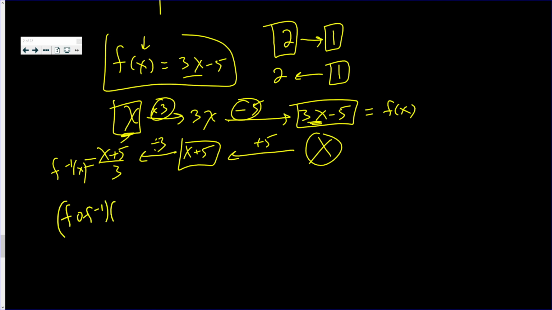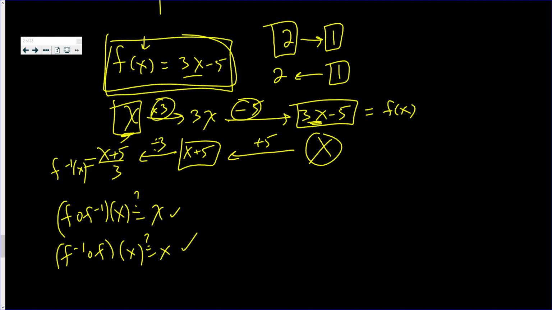But verify that this equals x. Verify that this equals x. And once you say yes to both of them, you say, yep, if f of x is 3x minus 5, f inverse of x is x plus 5 over 3.